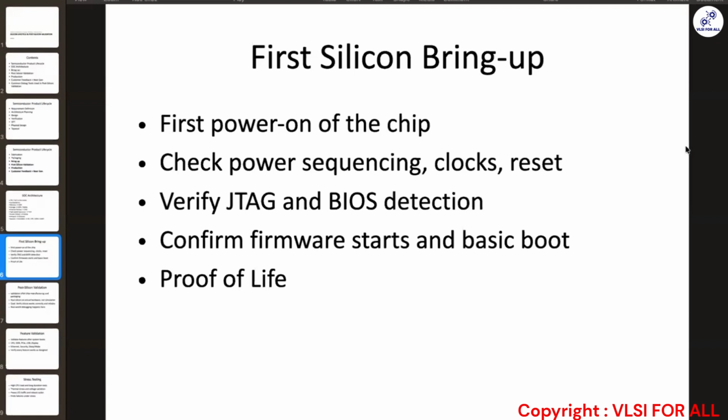JTAG is another: when you try to access the registers in your silicon, whether you are able to access them with the help of JTAG, whether the BIOS detection is happening when you boot the system, whether the BIOS firmware is working.